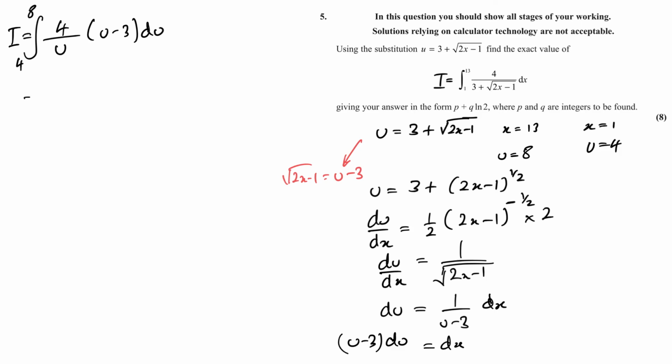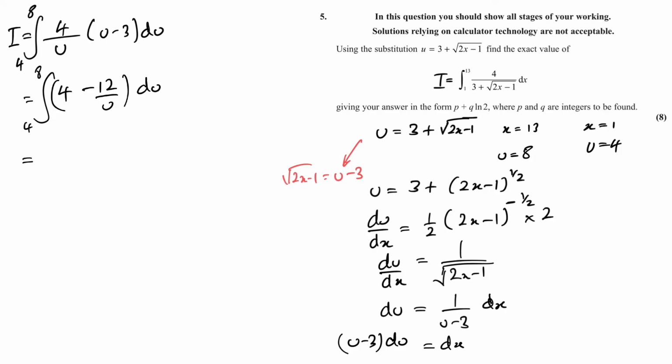Now I need to go ahead and do a bit of simplifying. So 4 over u times u is just 4, and 4 over u times minus 3 is minus 12 over u, and this is du, between 8 and 4.